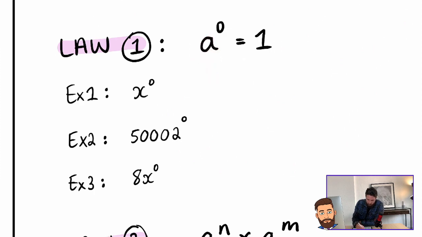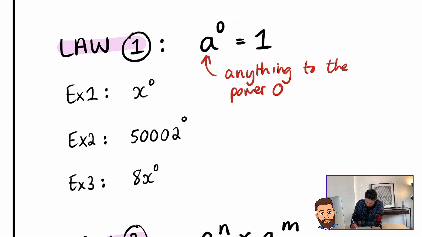But what this says here, and you might want to add this note, anything to the power 0 will always equal 1. So this law tells us that if you have anything here, it could be a, it could be a number 10, anything to the power 0, it will always equal 1.